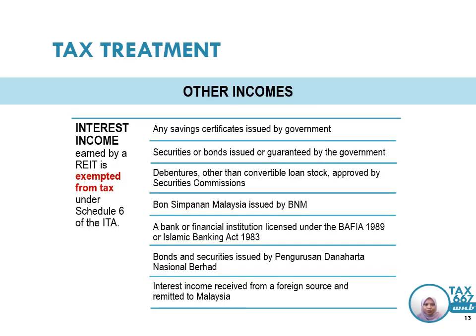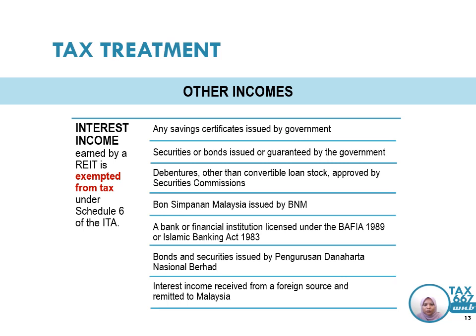Next, we're going to look at a bit about other income received by REITs. So, first one, REITs might be receiving interest income. For REITs, any interest income received from any of these 7 yang I senaraikan dekat sini ni akan exempted from tax.